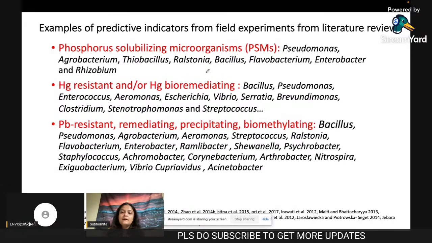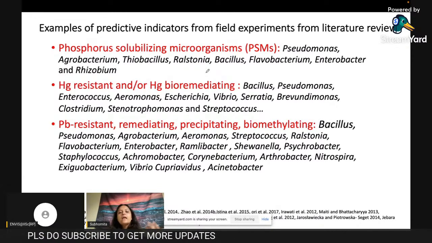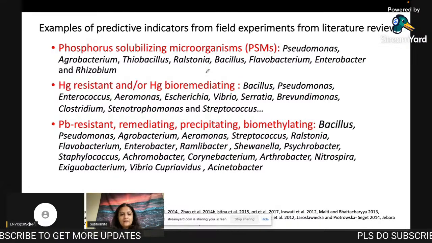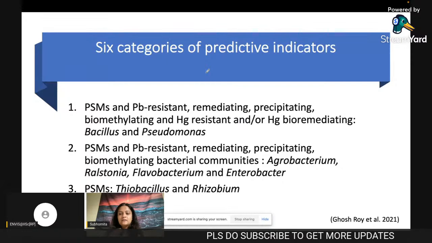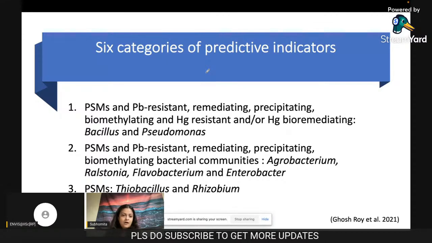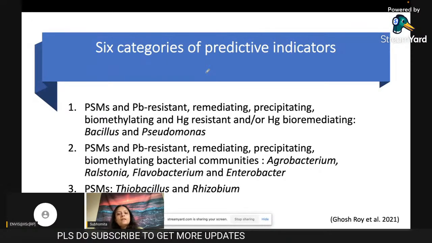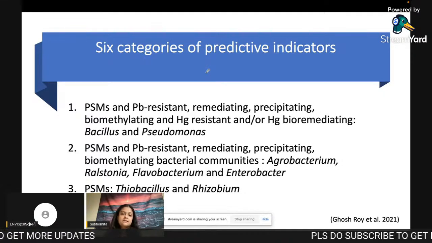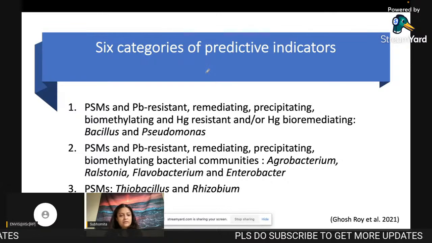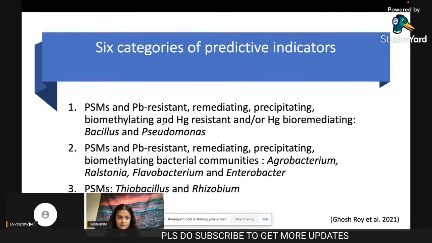So we used this data, and because we already have the taxonomical profile, we were able to categorize what we found into 6 different categories when it comes to our results. So the first category, some bacteria were PSMs, which is phosphorus solubilizing, and lead resistant and mercury resistant, which is Bacillus and Pseudomonas.